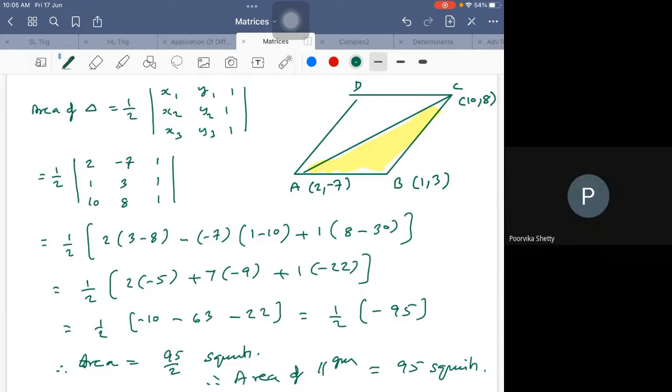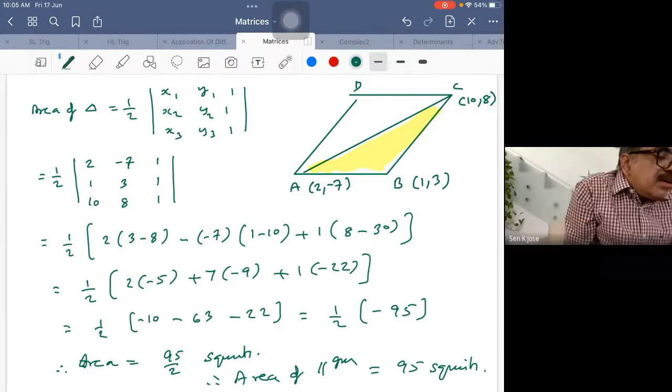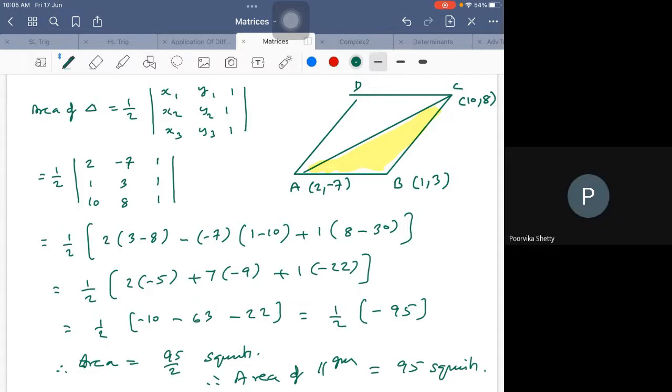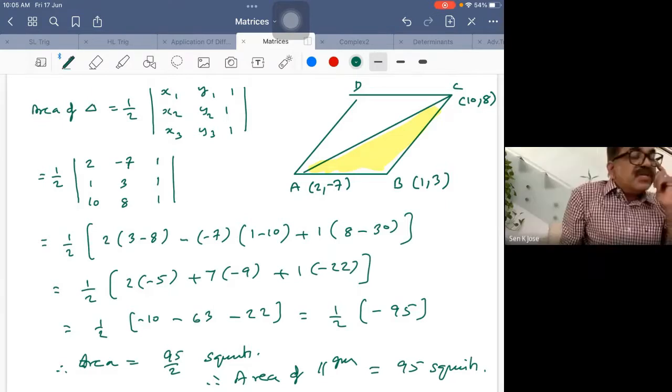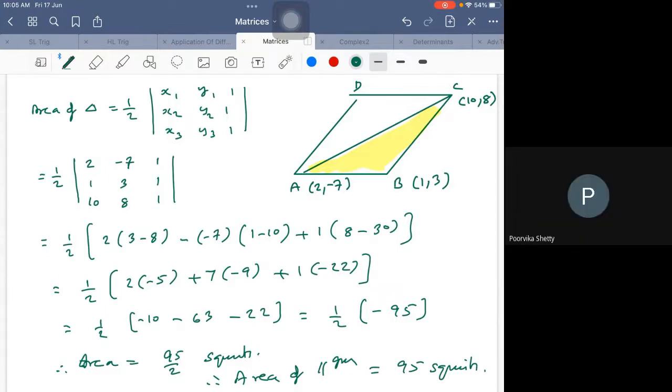It will be 1, 2 minus 7, 1, 3. Just the first row you read. So 1 in, and then determinant will be 2 minus 7, 1, 3.